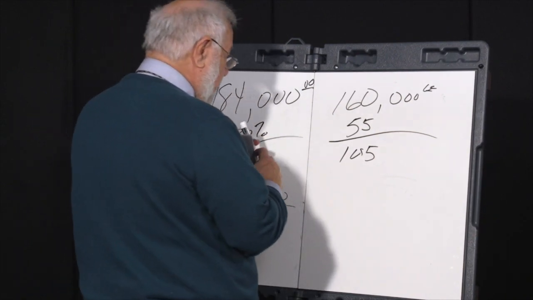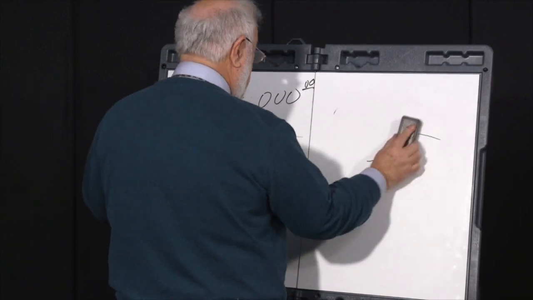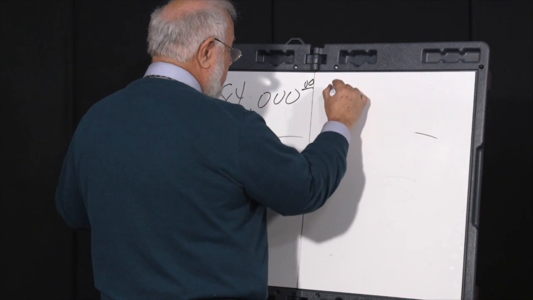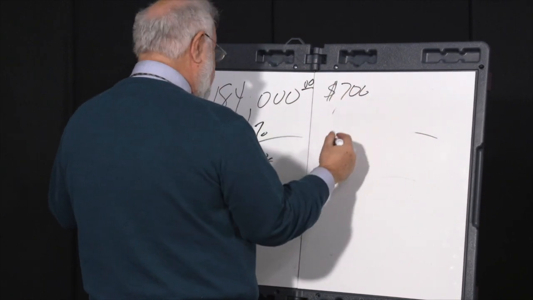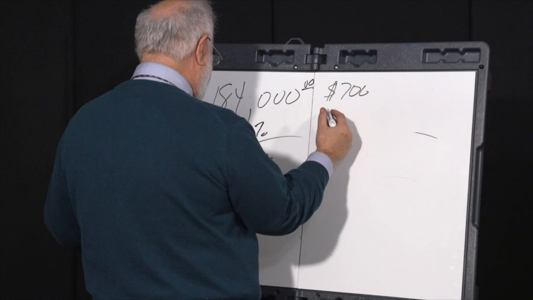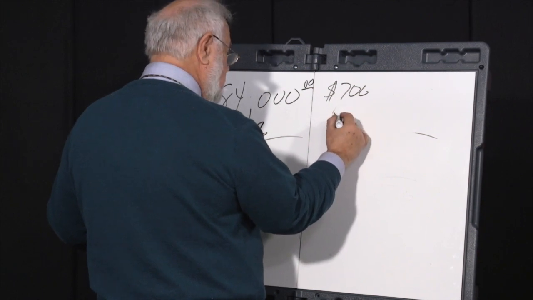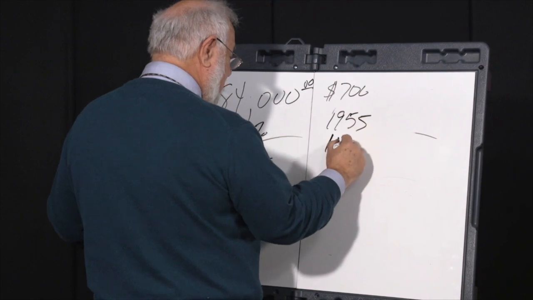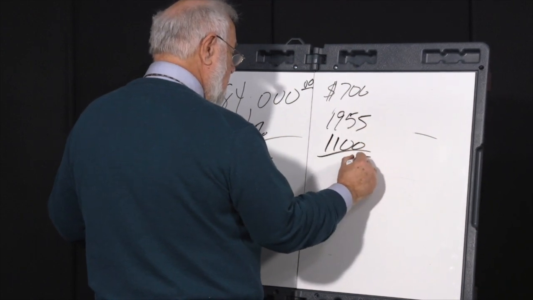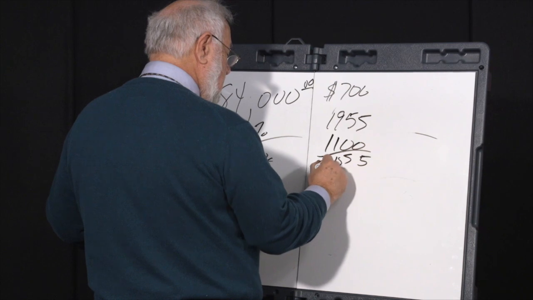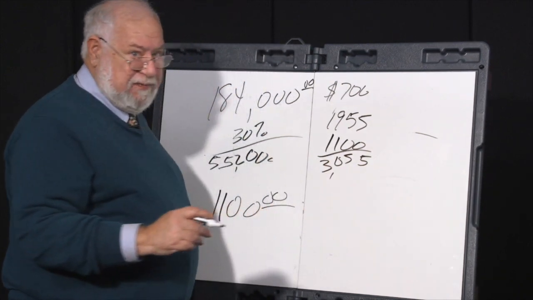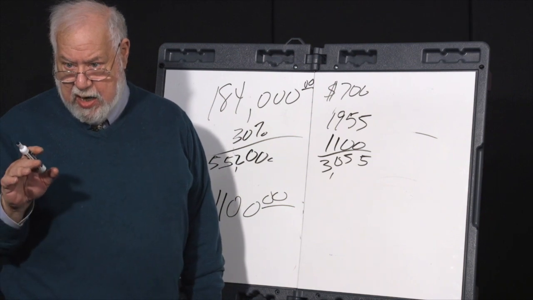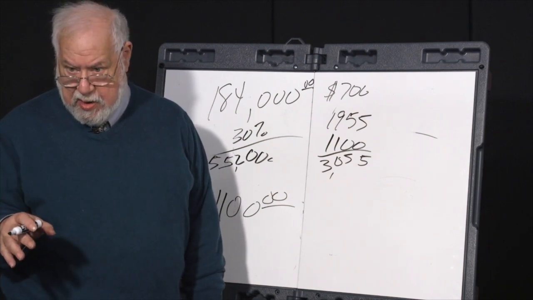So let's do the math. Before she had $700. Now she's got her Social Security benefit, which is $1,955, and we're just going to add $1,100 to it. So she's got $3,055 minus the taxes and maintenance on the house in Stowe, which is how much?